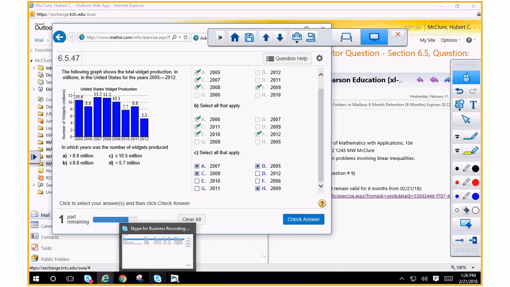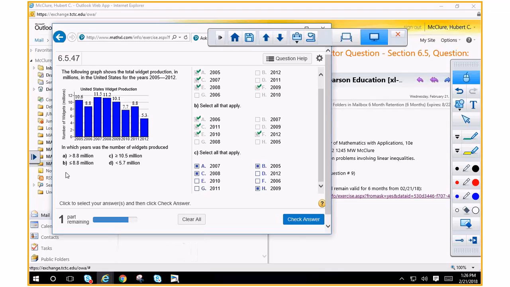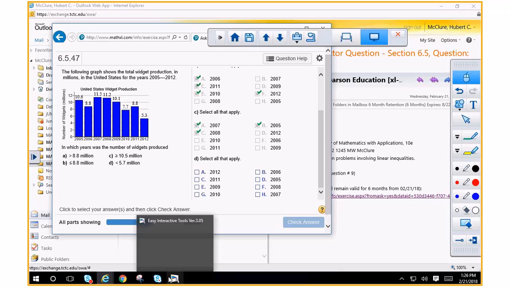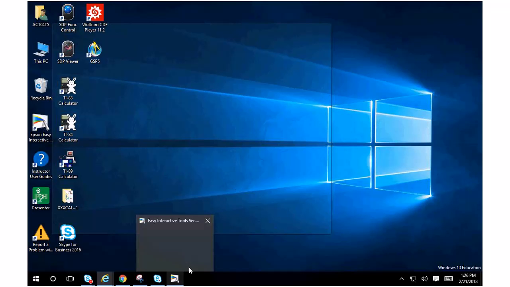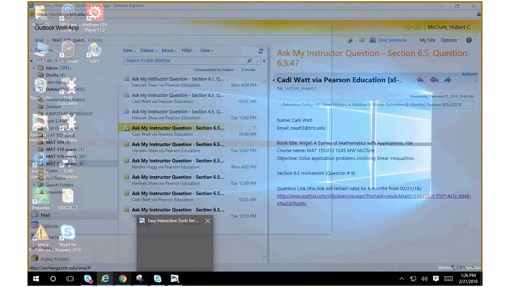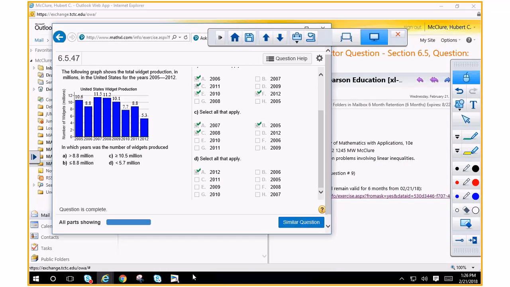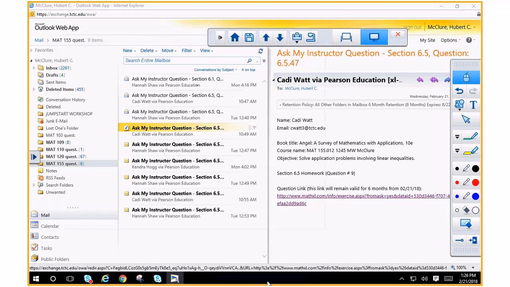Oh, 10.1, I'm sorry. 10.1 is not greater than 10.5, my bad. What's that one? 2009. This is tedious, this is not a good question. Less than 5.7 is 2012. That's a worthless question as far as the test goes. I wouldn't put that on the test unless I just wanted to punish you.